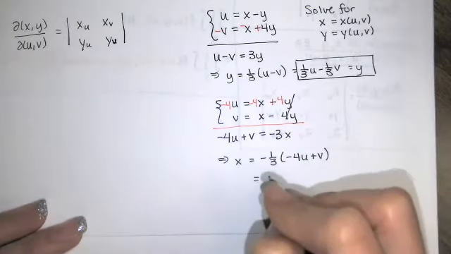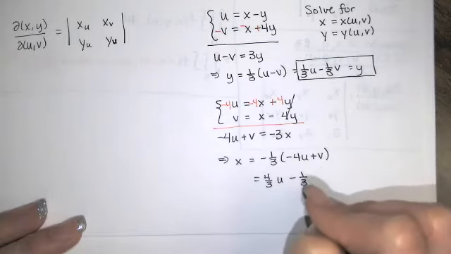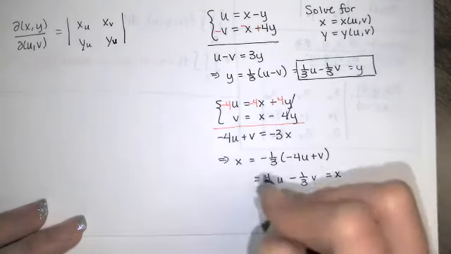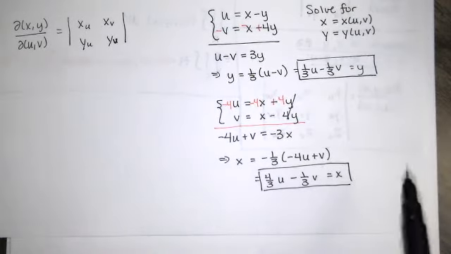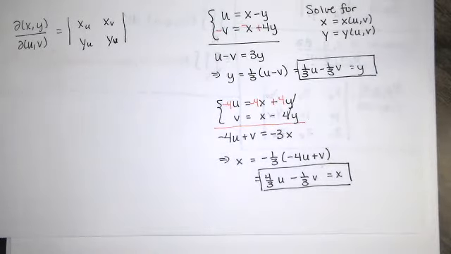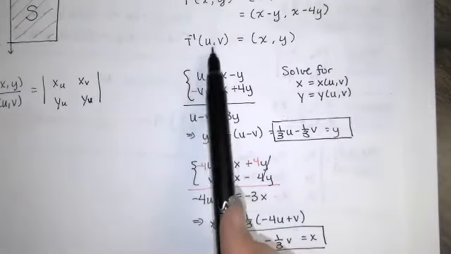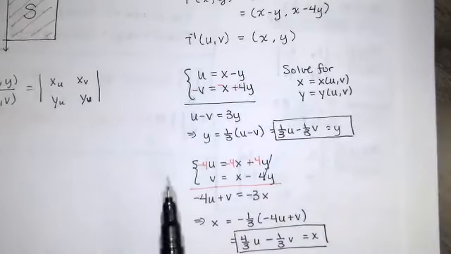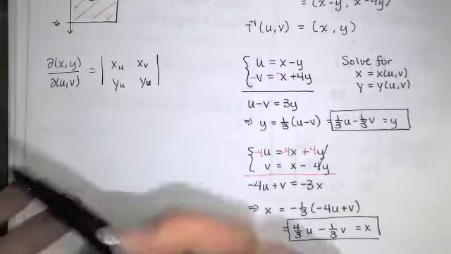So I would distribute my negative 1/3. And so now I've got x in terms of u and v and y in terms of u and v. And that is my inverse transformation. That takes me from u and v back to x and y. So I can fill in the Jacobian.